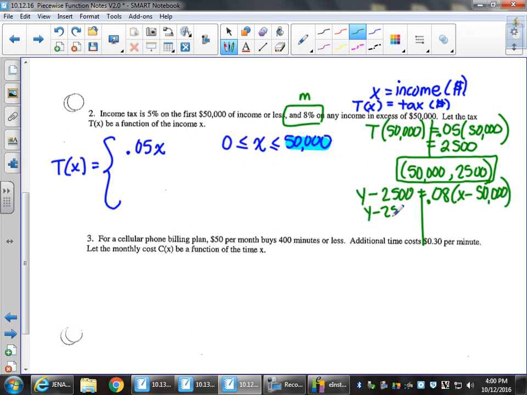That becomes Y minus 2,500 equals 0.08X. I'll do 0.08 times 50,000. I get 4,000, so minus 4,000. Add my 2,500 to both sides.